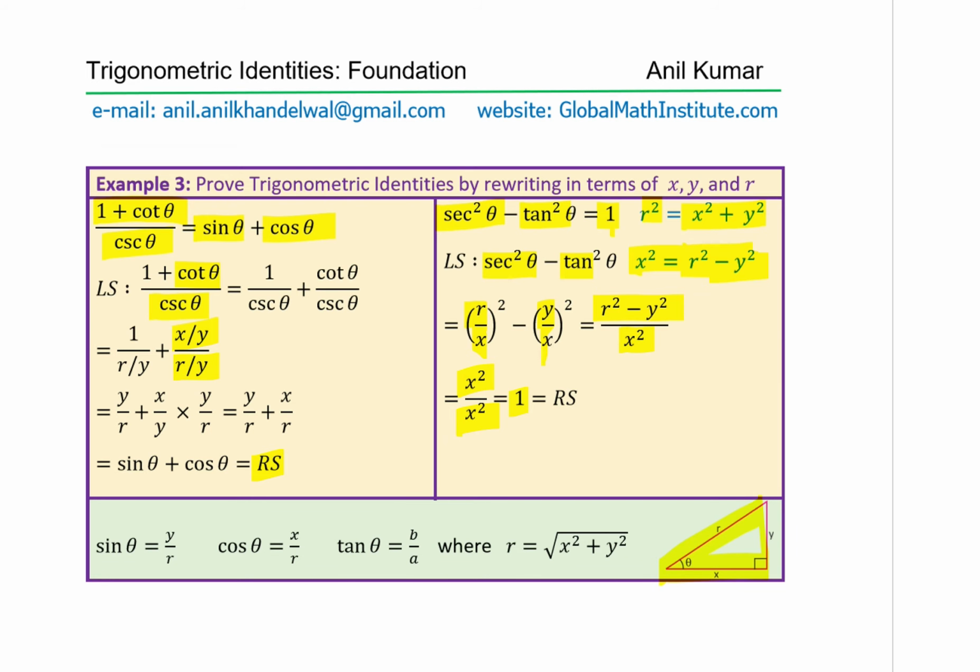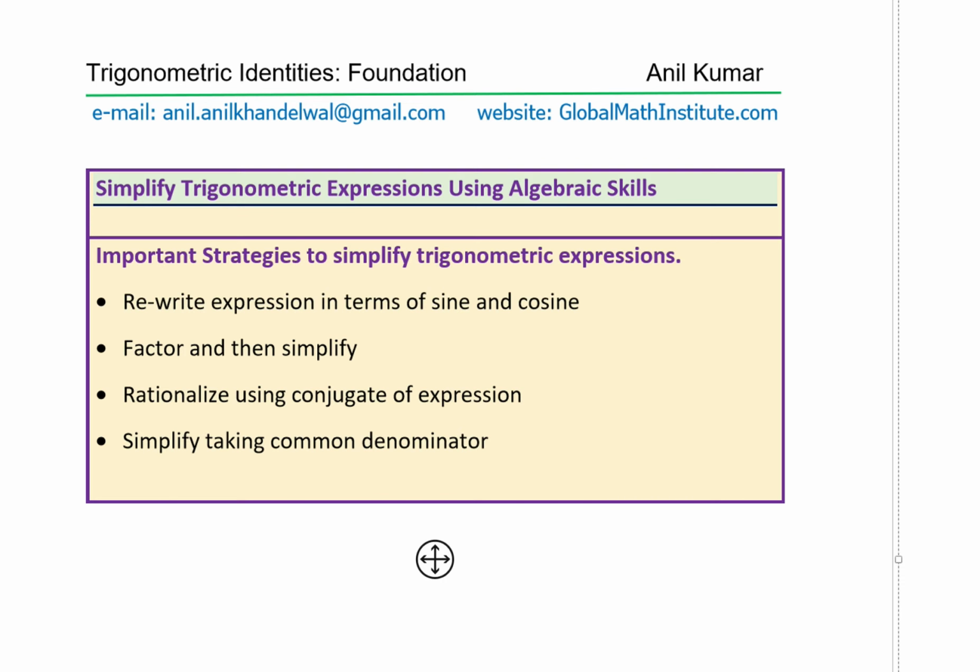Correct? Now, we'll look into the strategies, and based on these strategies, we are going to solve some of the trigonometric equations which we just saw earlier. Now, we are going to follow these four basic strategies to prove trigonometric identities. So, these important strategies are to be noted. First is rewrite the expression in terms of sine and cosine.